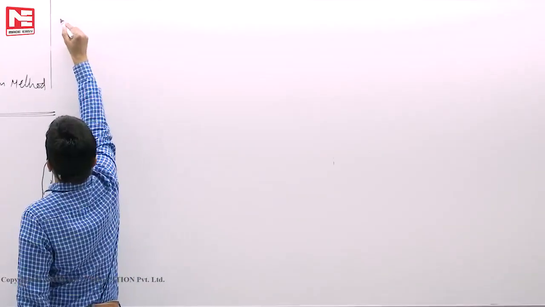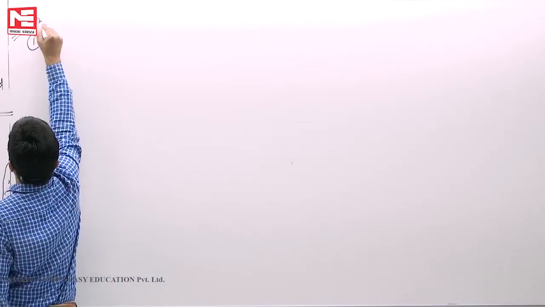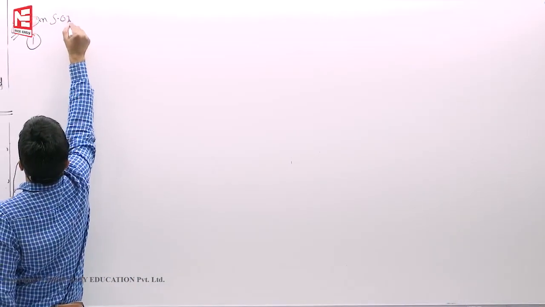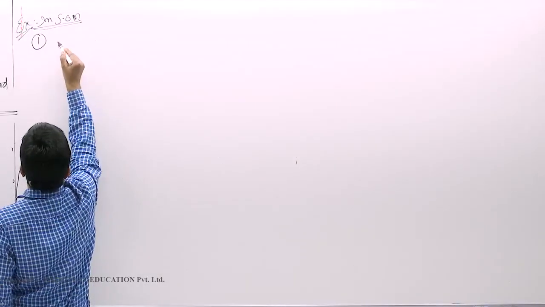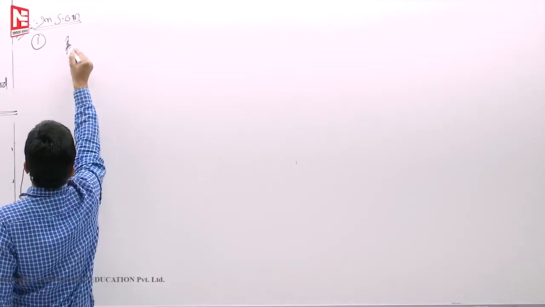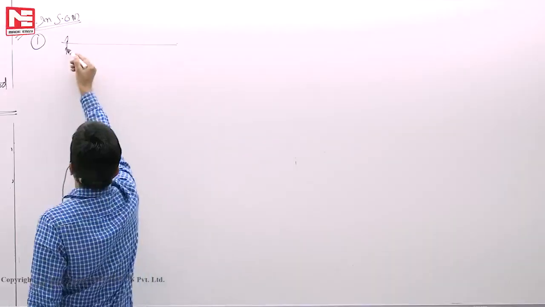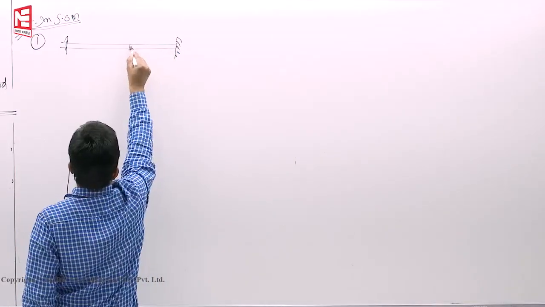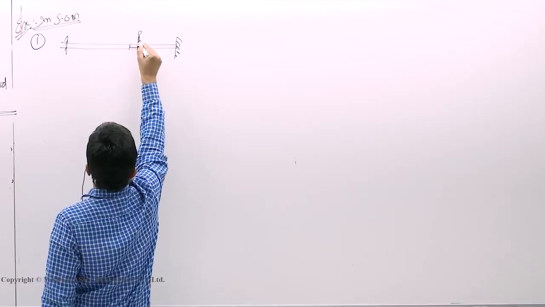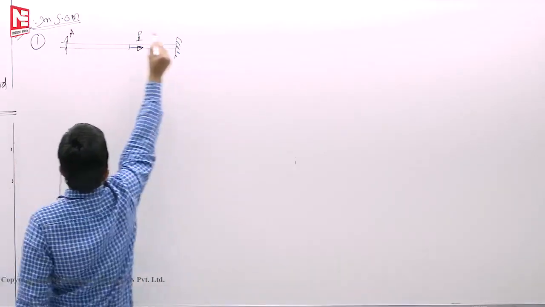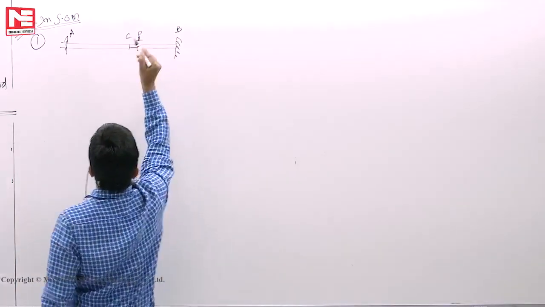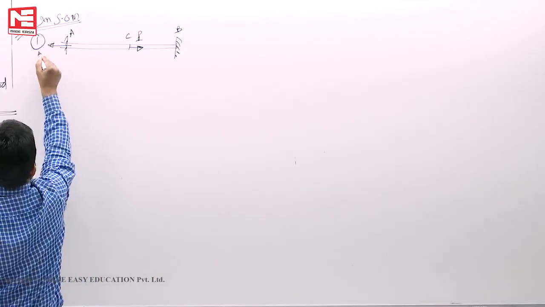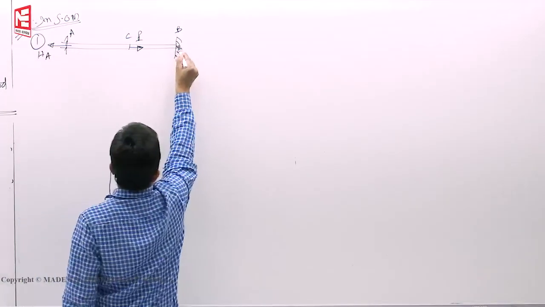This is in SOM. Assume that you have a bar like this, subjected to some axial force P. A, B, C. There is a reaction here, left side HA, HB.